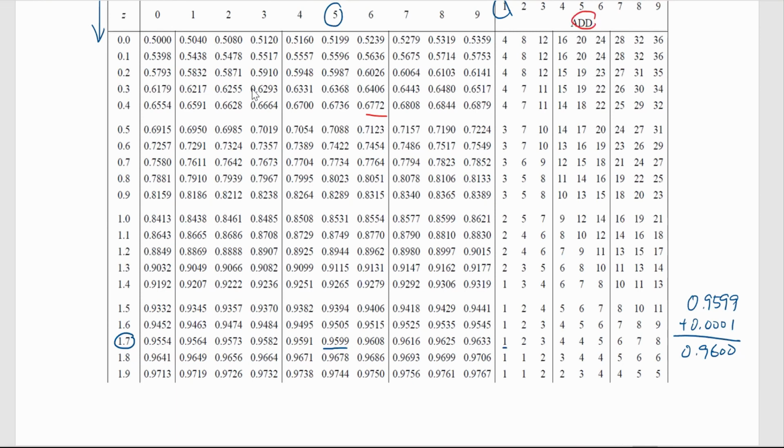It's 0.6772, so we need to add 28 in order to become 0.68. But you can tell here we do not have 28 exactly. So either we choose 25 or 29. In this case, 29 is the closest value, so I will choose 29.